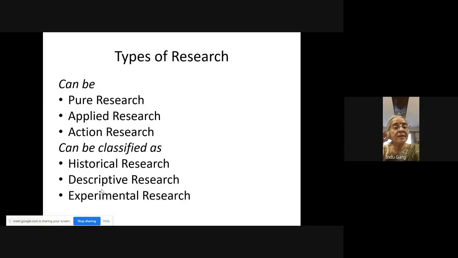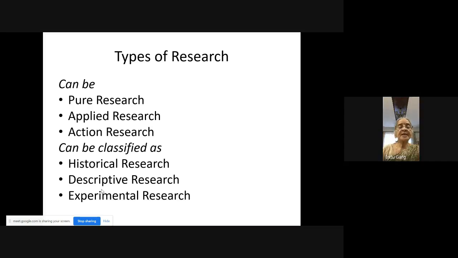Now, research can be, as we just mentioned in the previous slide, pure research, applied research, or action research. Okay. Actually there are very many classifications of research, but I've just stuck to these. Research can also be classified as historical research, descriptive research, and experimental research.